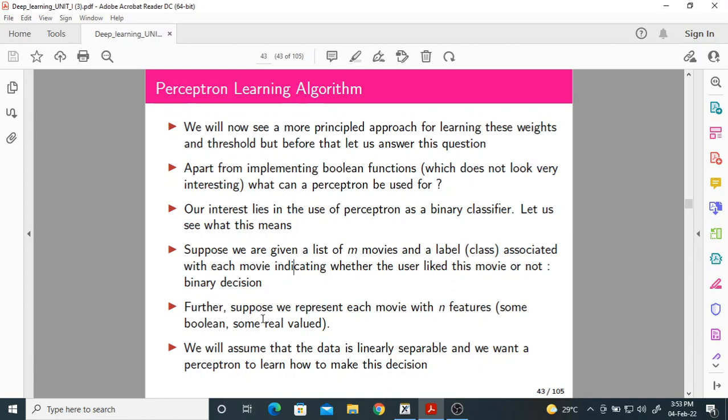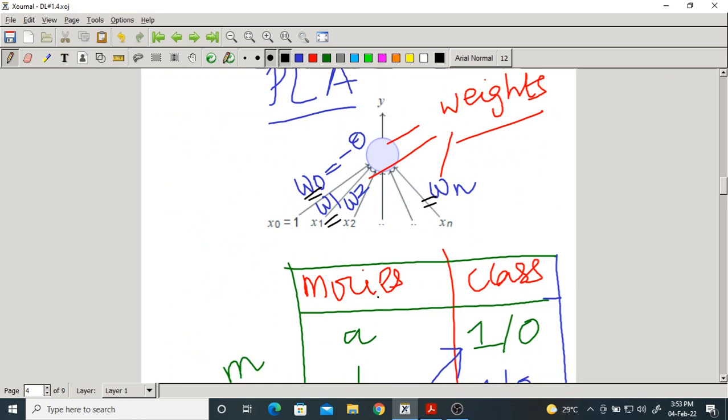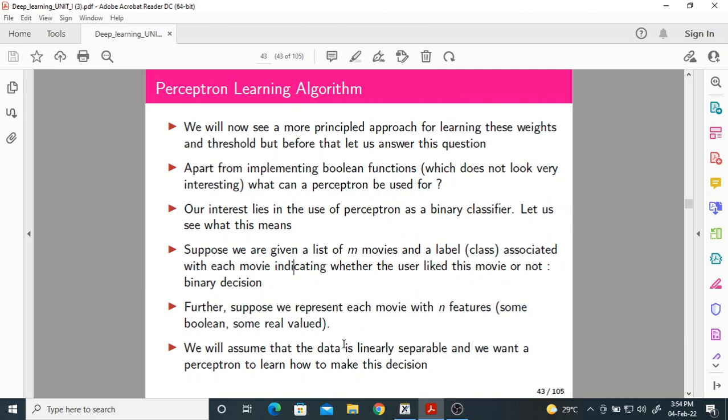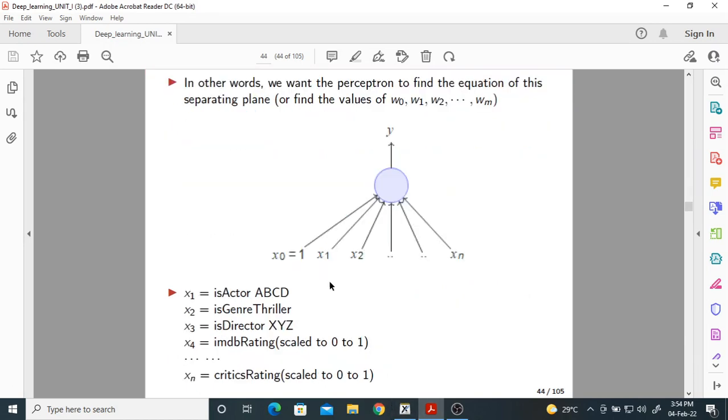Now further, we represent each movie with n features. As I told you, for each and every movie we represent it with n features. What are they? x0, x1, and so on up to xn. What is x1?